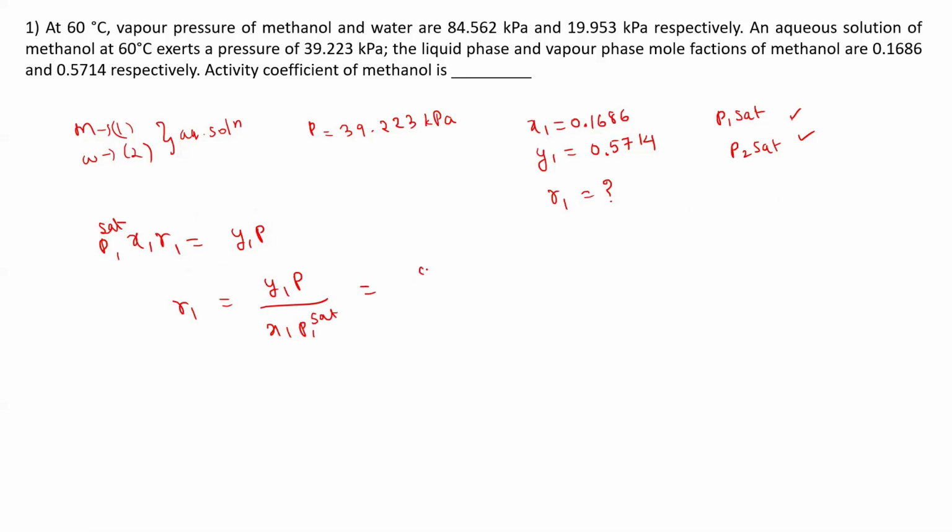So y1 we already know, 0.5714, by x1, 0.1686, into P, the total pressure, 39.223, by P1 sat, which is 84.562. And this gives us 1.57. This is the gamma.